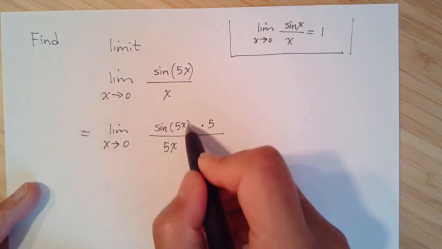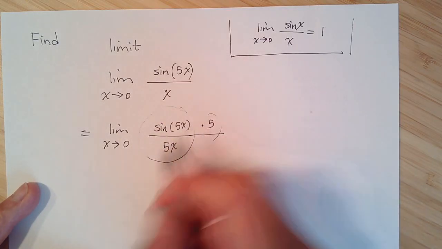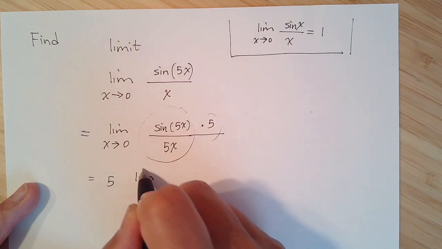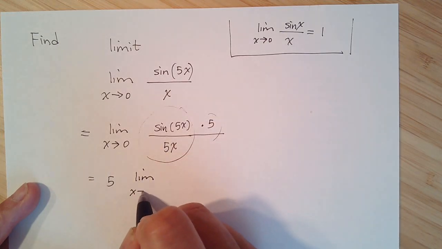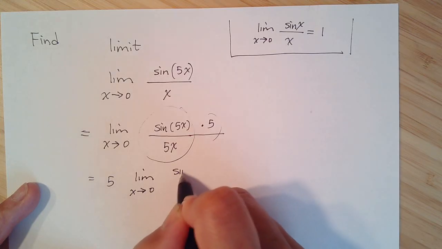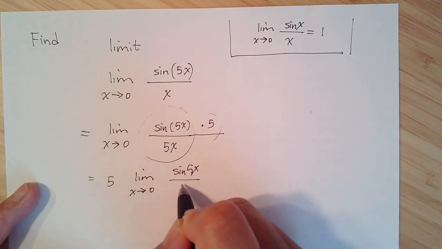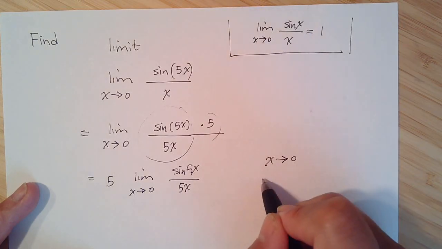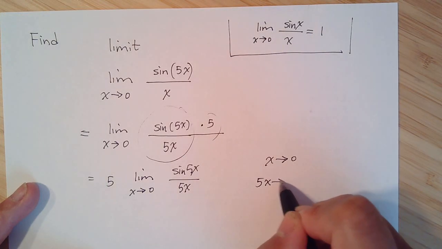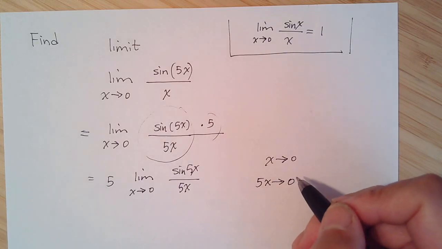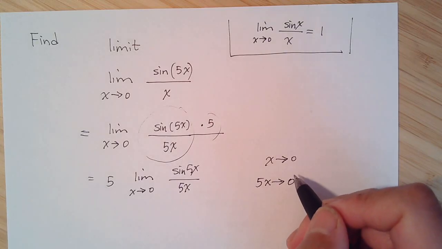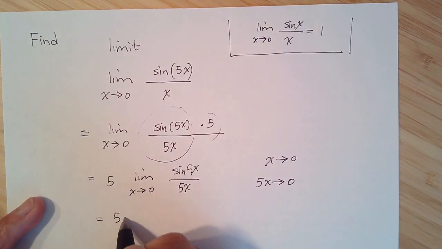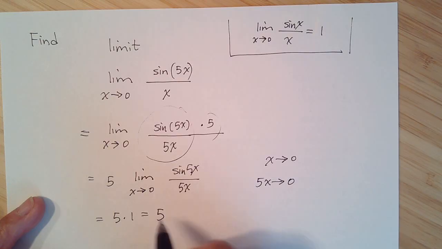Now this is one piece, and this is another piece. So you take 5 out, and then you have the limit as x approaches 0 of sine 5x over 5x. When x approaches 0, 5x will also approach 0, would you agree? So then we can use this property. I get 5 times 1, so my answer is 5.